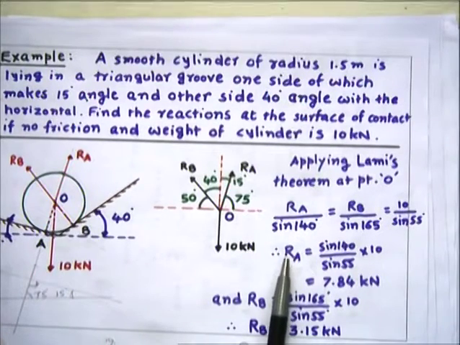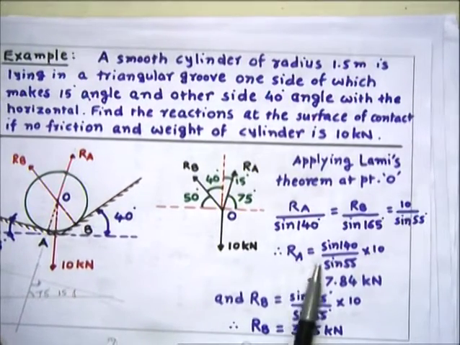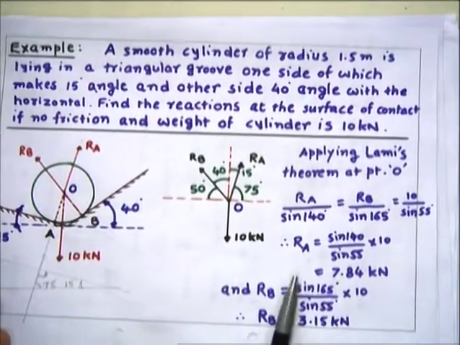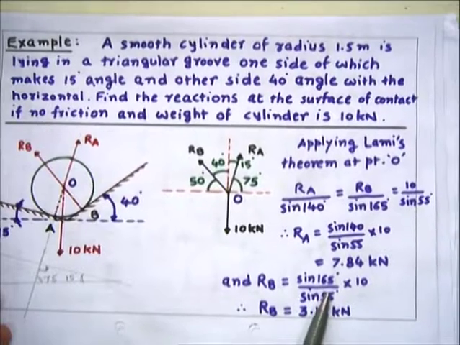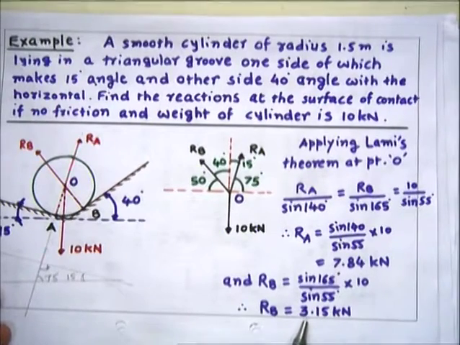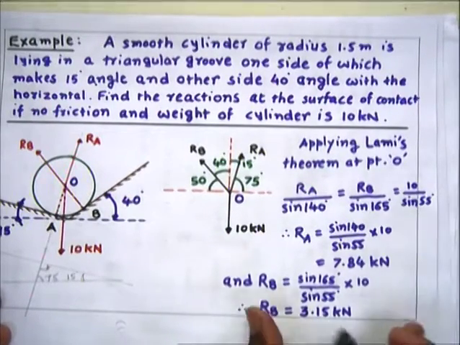So from this we can have reaction RA which is sine 140 by sine 55 into 10, giving 7.84 kN, and reaction RB, sine 165 degree divided by sine 55 degree into 10, will be coming out as 3.15 kilonewton.